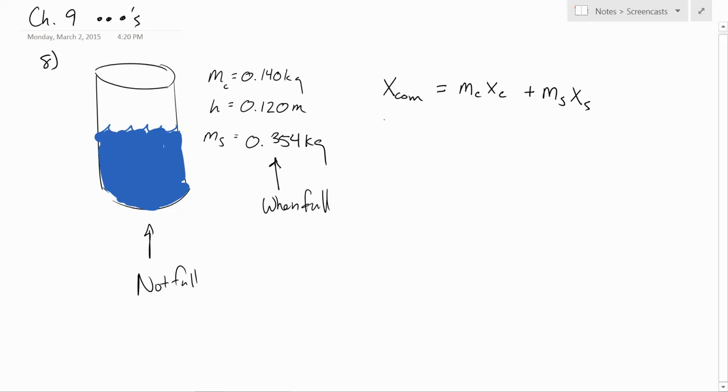The one thing I do want to bring a point to, they refer to this point here as h in the problem, I believe. What is the height h of the center of mass of the can and contents?